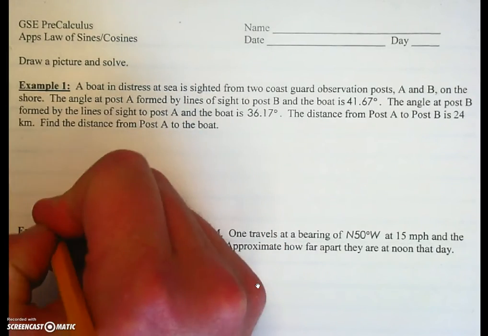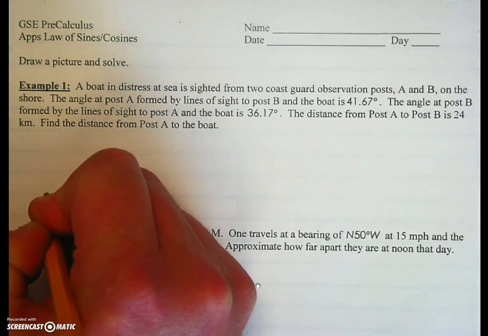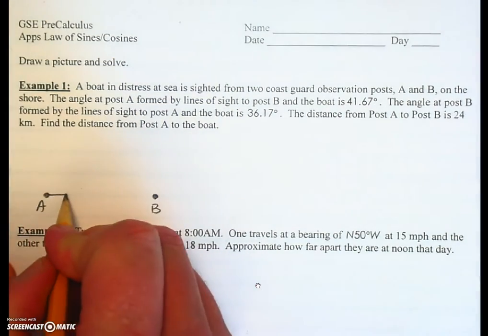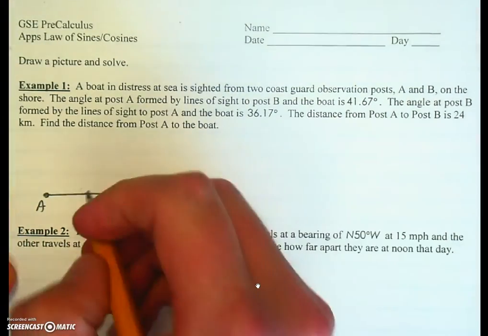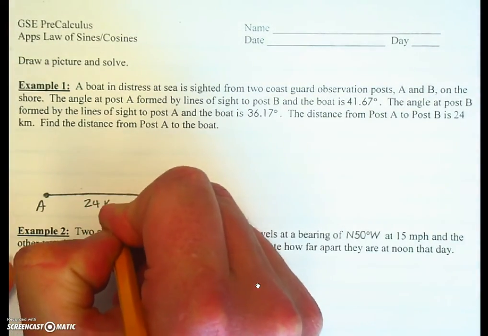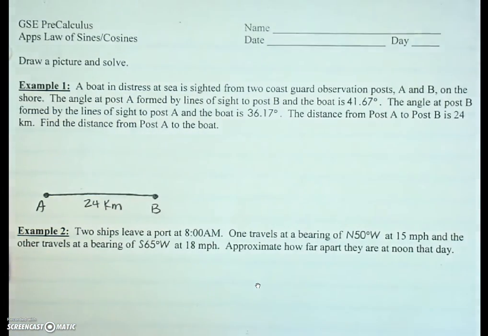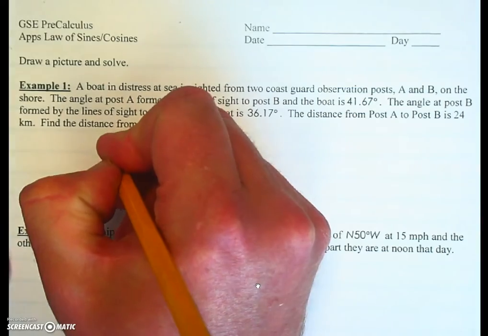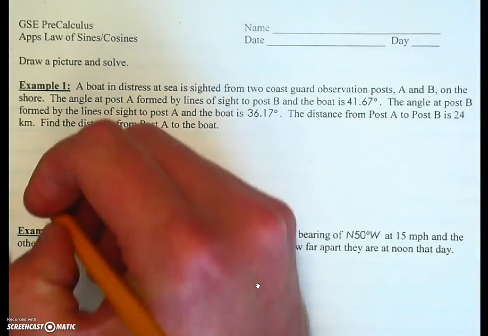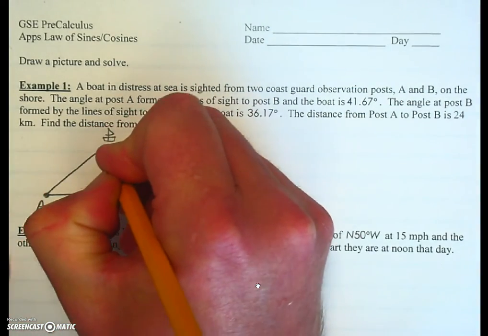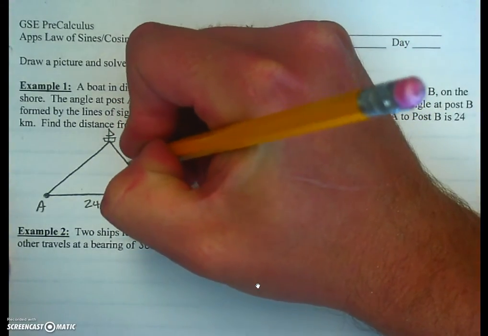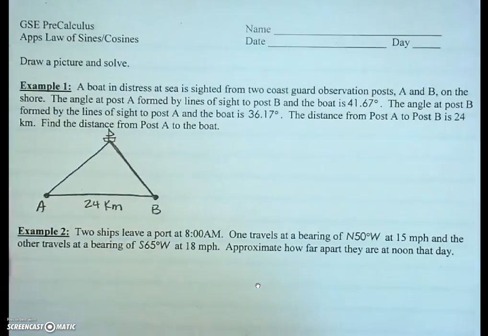I'm just going to put post A down here and post B over here. And I know that the distance between those two is 24 kilometers. Then somewhere out in the ocean, we've got a boat out here, and we can see the boat from point A and point B. It doesn't have to be a perfect diagram, just as long as we get a picture of what's going on.